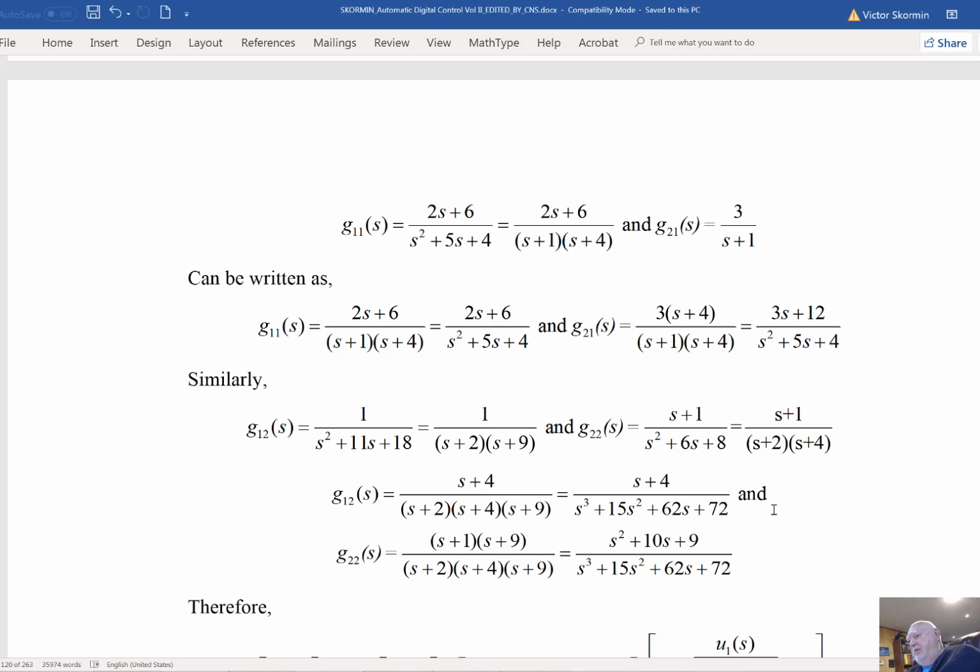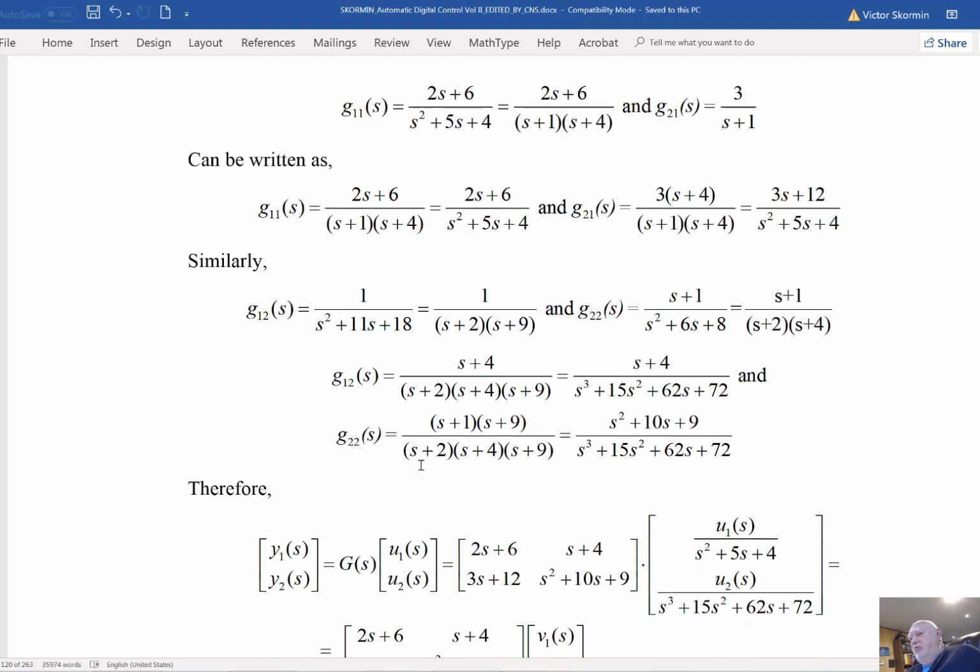So this is in the polynomial form. I have the same result. Now, my intention to have a common denominator for transfer functions of the second column leads to multiplying G22 by s plus 9.